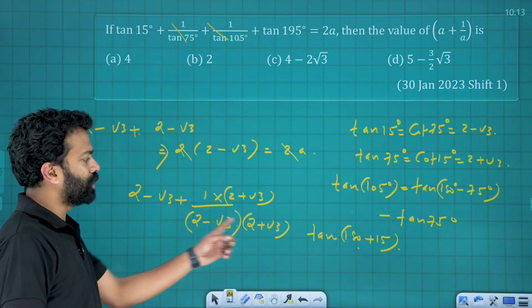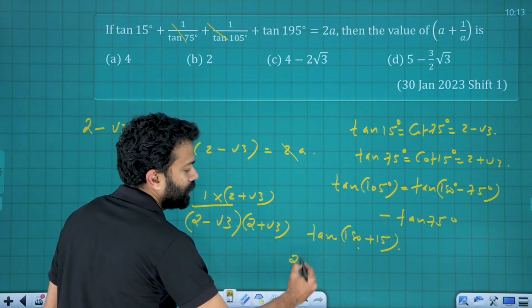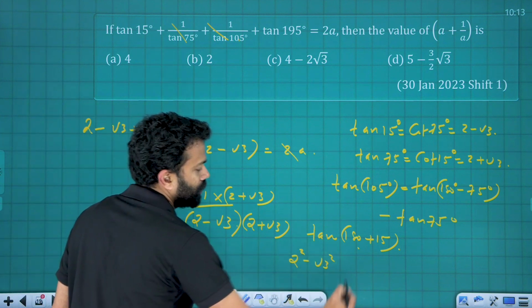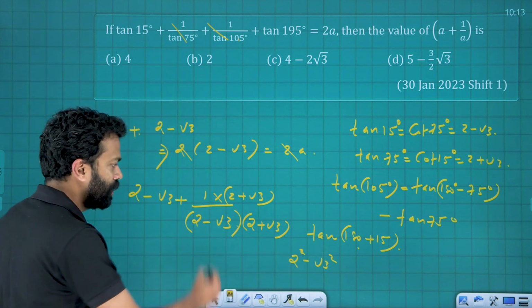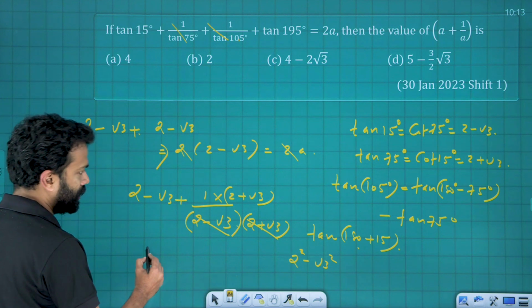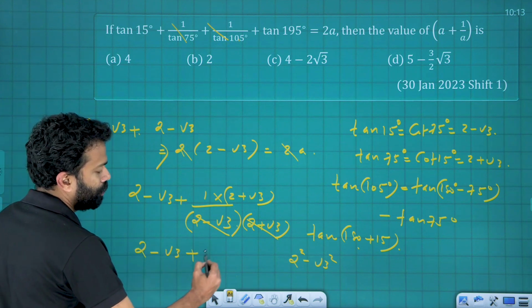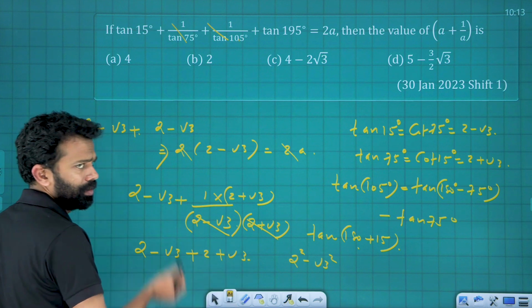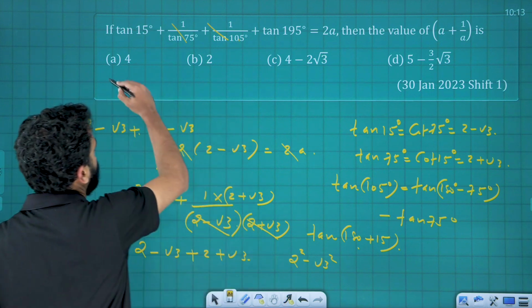What is 2 minus root 3 into 2 plus root 3? That is a square minus b square. Therefore, it becomes 2 square minus root 3 square, which is 4 minus 3, that is 1. So, our final expression will be 2 minus root 3 plus 2 plus root 3. Minus root 3 gets cancelled. 2 plus 2 is 4. That is, option A is the correct answer.